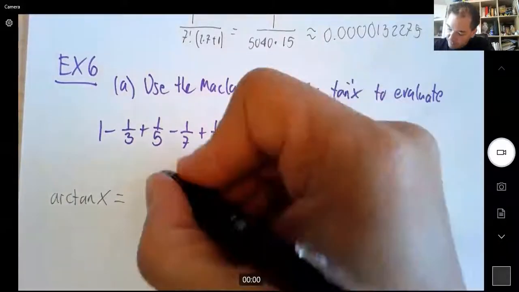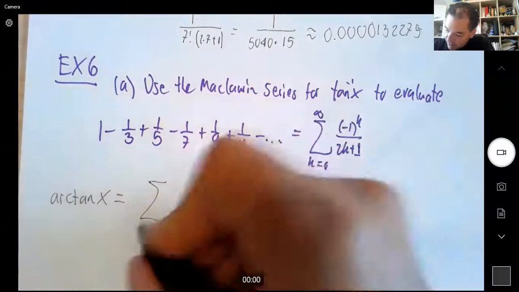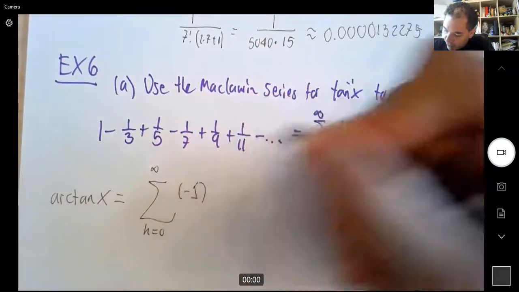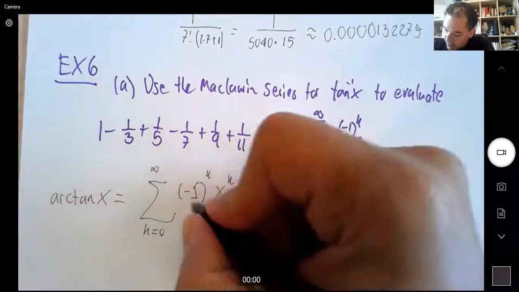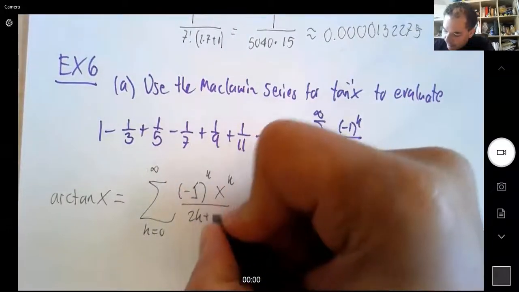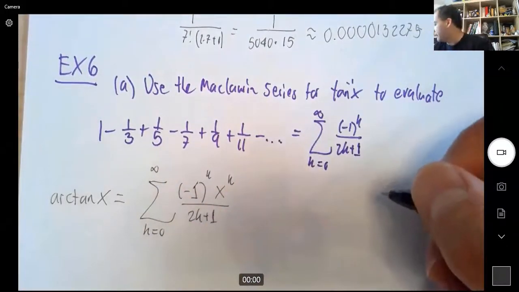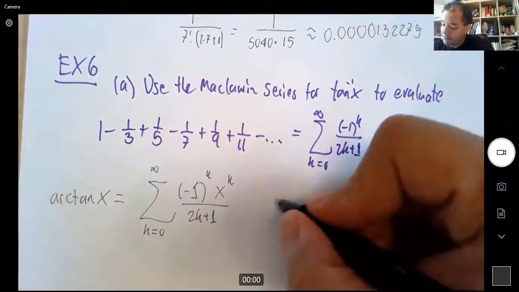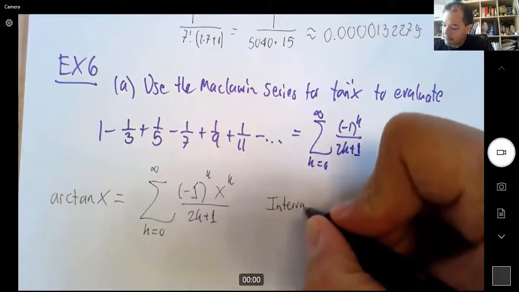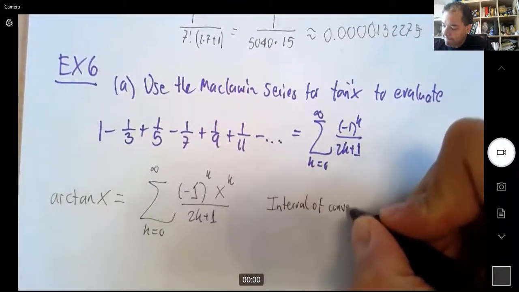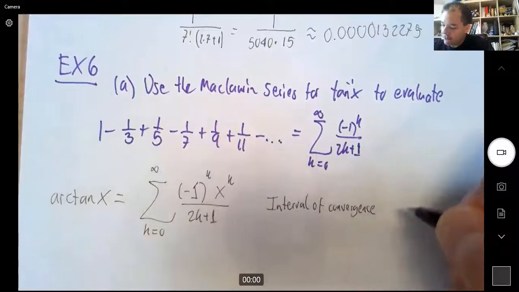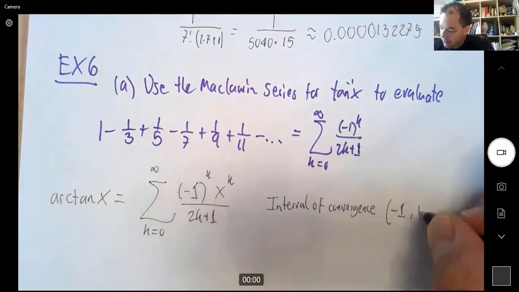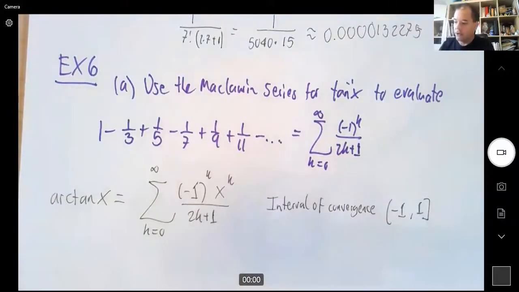It is the sum from 0 to infinity of -1 to the k, x to the 2k plus 1, over 2k plus 1. And this is the interval of convergence. We got it before. The interval of convergence is from -1, not including -1, to 1, including 1.